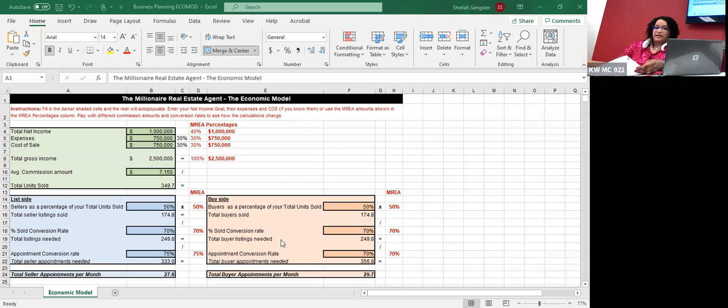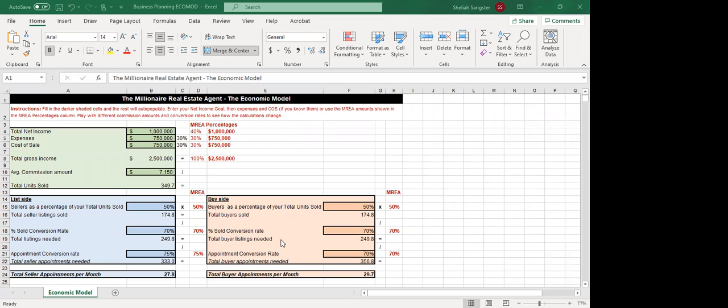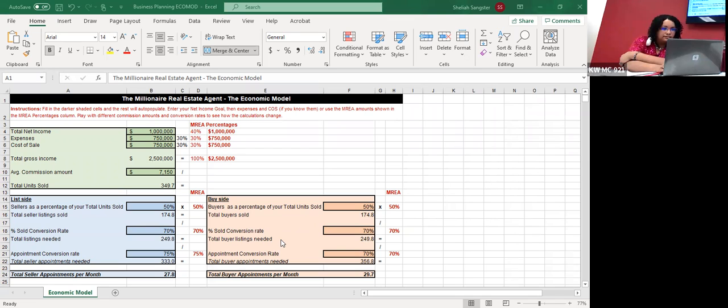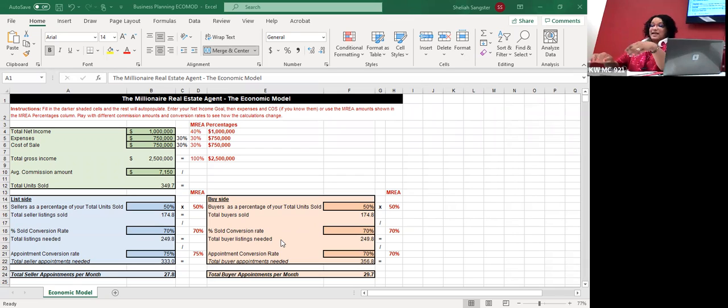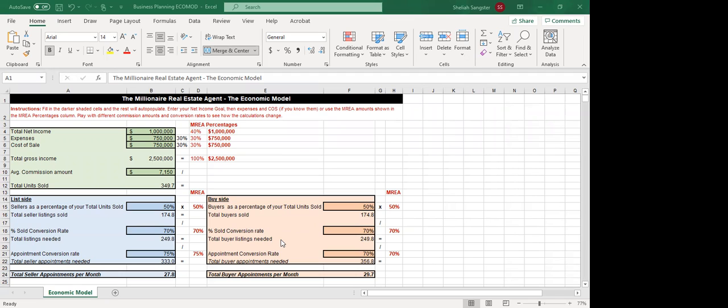Any questions about that? Yeah, can you go back up at the top, where you got your 750,000? That's 30%. Is that an arbitrary number that you're setting, or is it pulling? No, that's actually a part of the economic model, and also in the budget model, those are your standards.